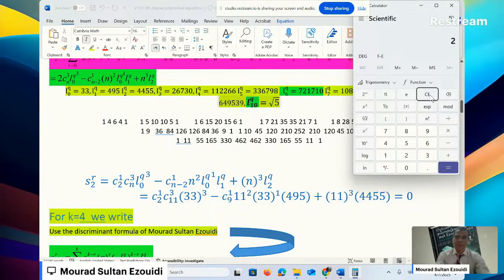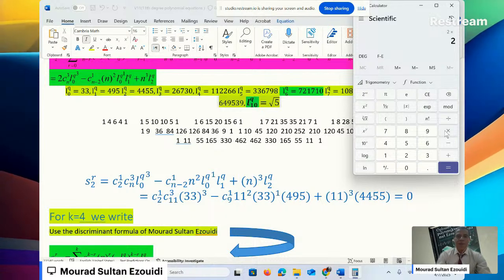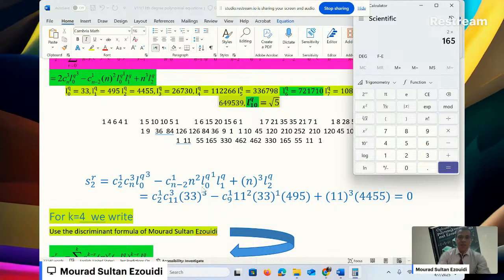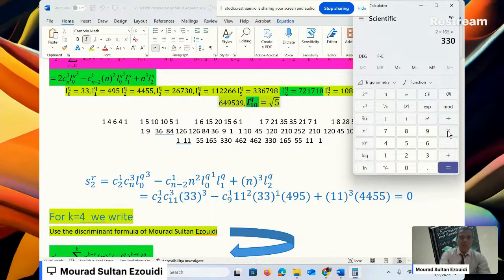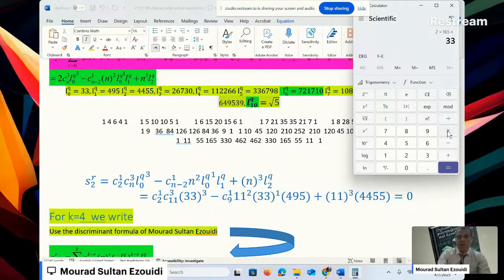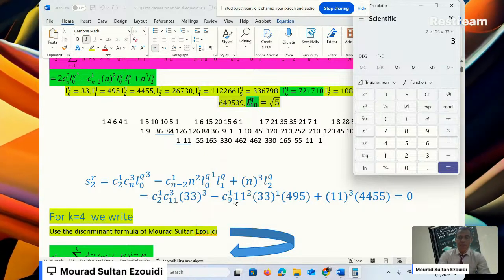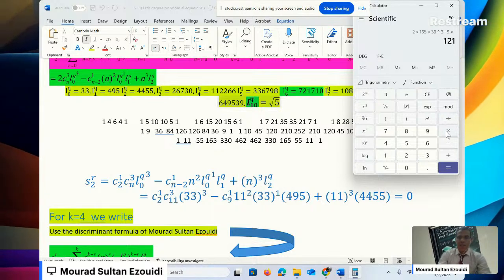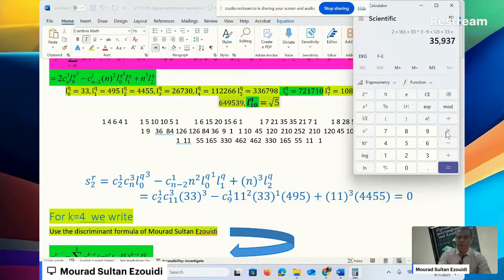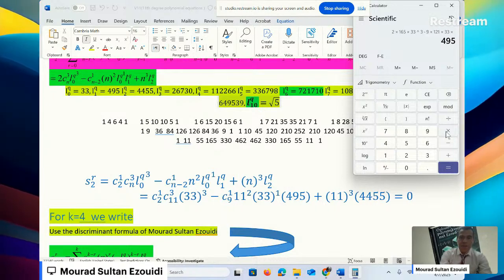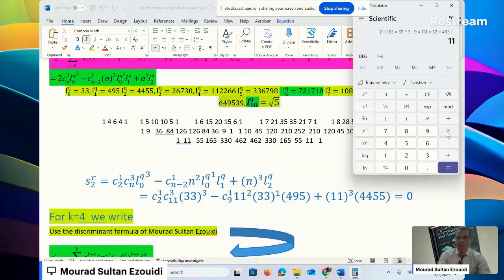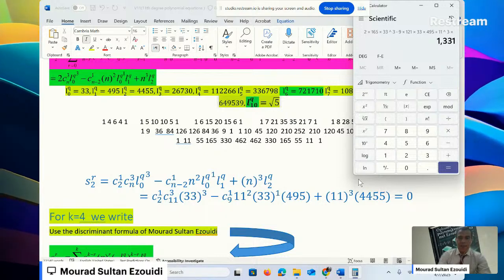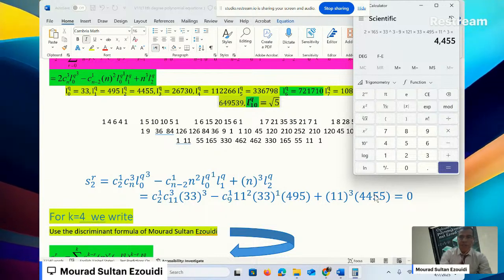So 2 times 11 choose 3, which is 165, times 33 cubed, minus 9 multiplied by 121, because 11 squared, multiplied by 33, multiplied by 495, plus 11 cubed times 4,455.